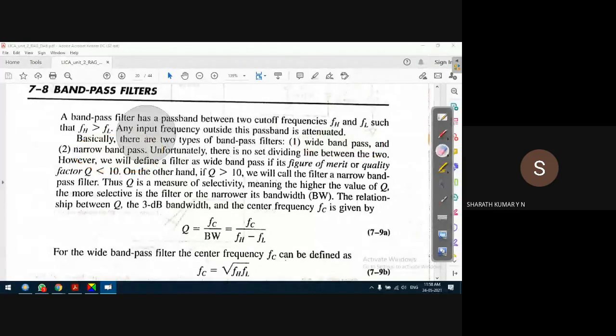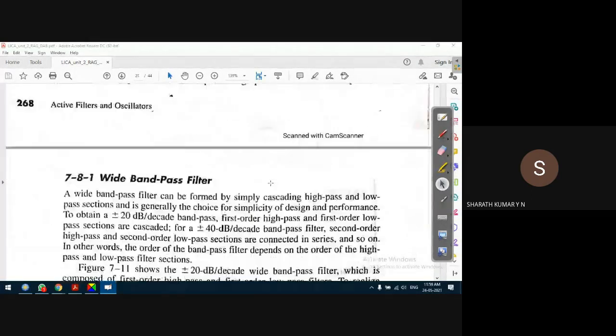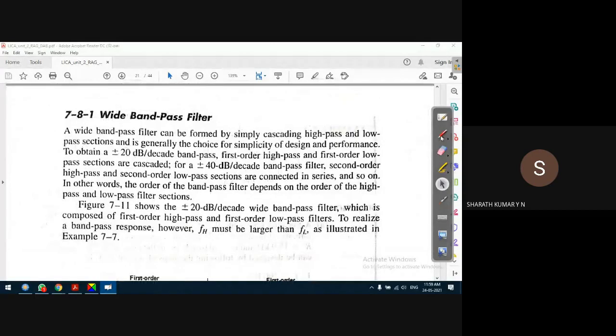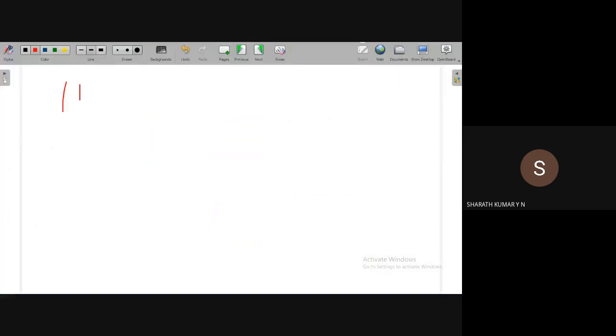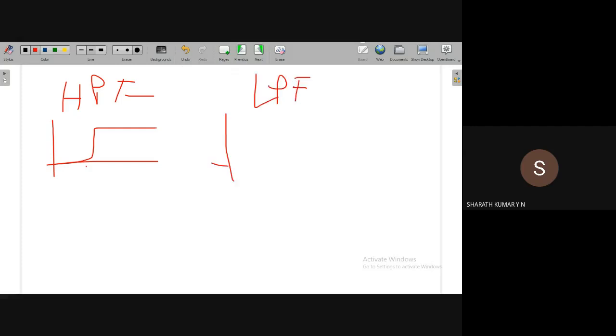The design of the wide band pass filter and the narrow band pass filter. A wide band pass filter can be designed using a high pass filter and a low pass filter. Why is it so? Because if you observe, the high pass filter response is something like this, and the low pass filter response is something like this.